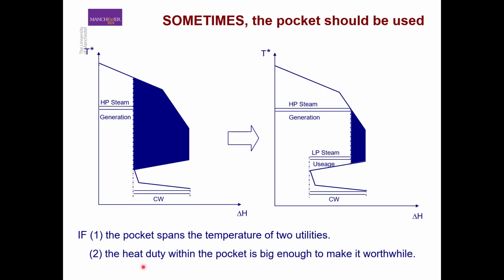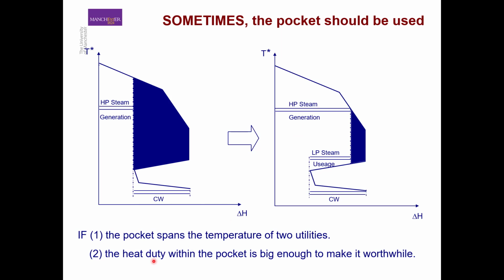So we are very much limited in terms of the use of this pocket. And the other thing we have to pay attention to is the heat duty advantage that we are getting. In this case, we are getting a heat duty from here to here, but if we are getting only, let's say, a marginal increase in heat duty, then it will not be worthwhile to make our process more complex and add a lot of equipment to get just a little advantage in terms of steam generation.